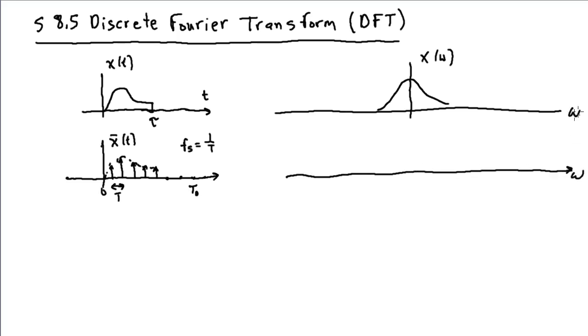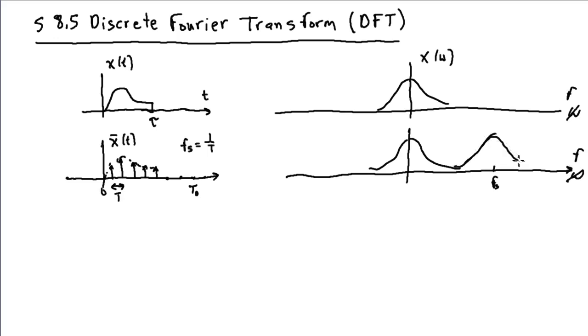So for our ideally sampled signal, the corresponding spectrum, you know what that looks like. Just going to get replicas of this baseband spectrum, and my replicas are going to be Fs apart. So I'm actually going to use f here instead of omega, slightly more convenient.